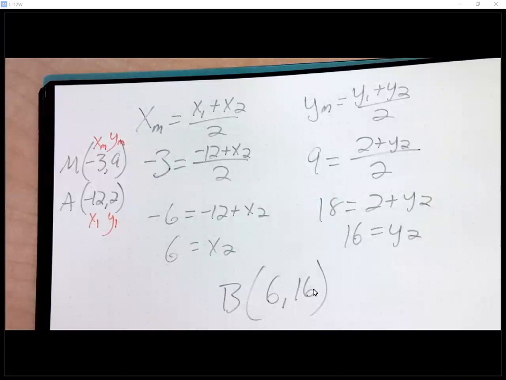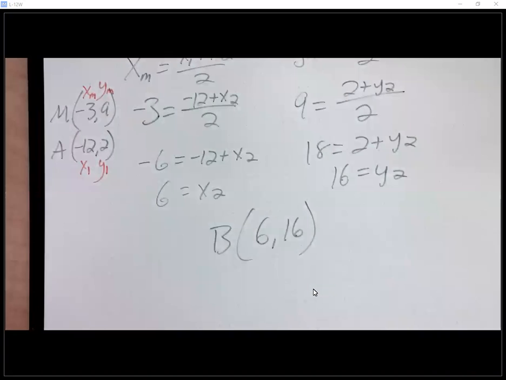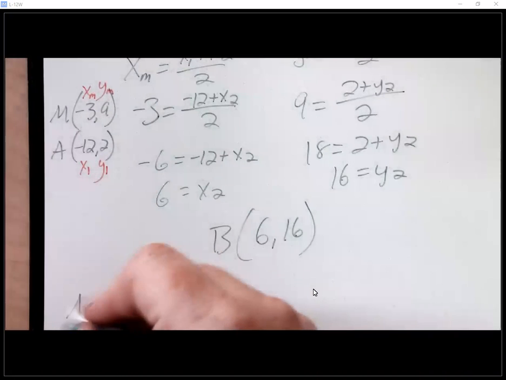Okay, the only thing left for us to do is find out how long segment AB is, and then luckily to find segment MB, that should be super easy because we know that MB should be half of AB, right? Because M is the midpoint. So let's go ahead and find segment AB. You know where A is and you know where B is now. So we should be able to use that distance formula and plug in those pieces.